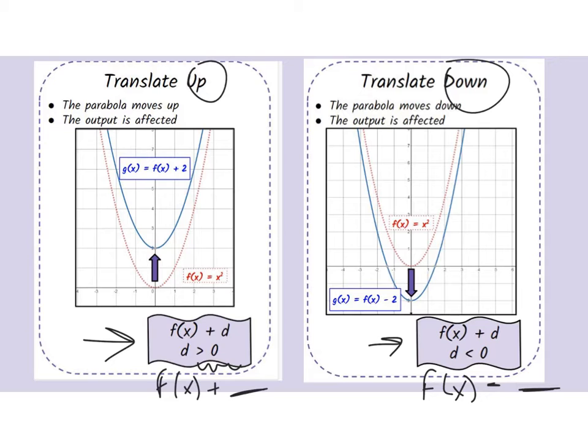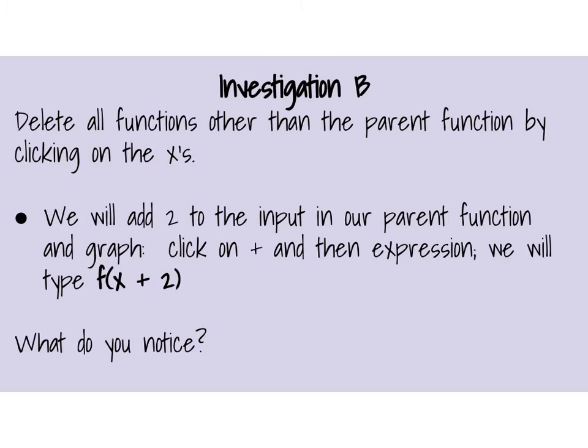All right, so let's go back here and see what's next. Next, we are going to do another investigation. We're going to delete everything out of decimals again, other than the parent function. And now we're going to add 2 to the input. Notice here that I'm inside the parentheses.